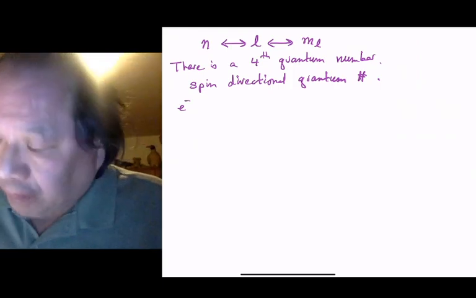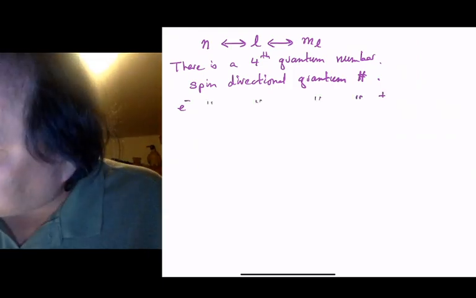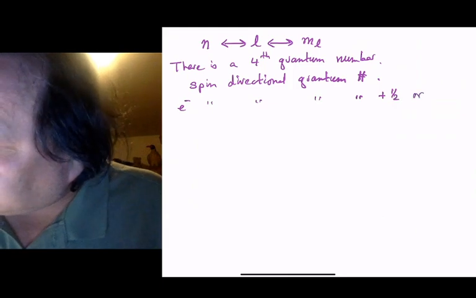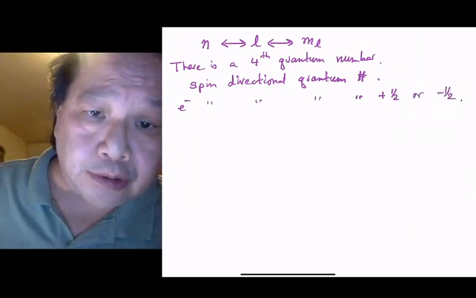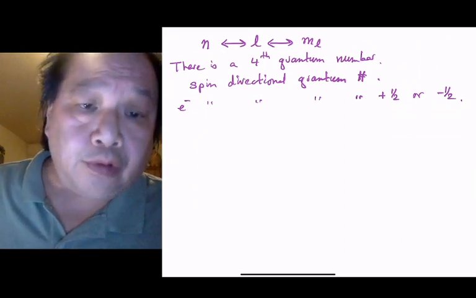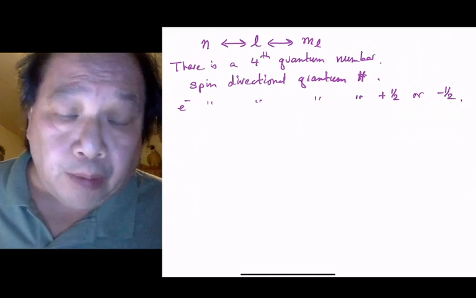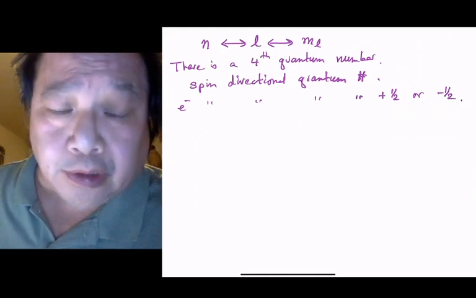Electrons have a spin directional quantum number of plus 1/2 or minus 1/2. And you just are going to have to memorize this. There's a fourth quantum number of electrons, plus 1/2 or minus 1/2. But I will tell you one fact that will just show you what's absolutely not believable.